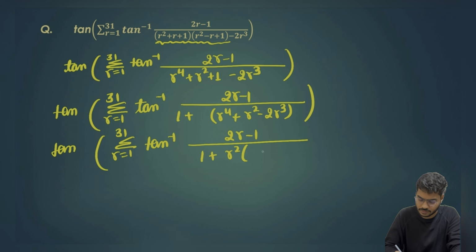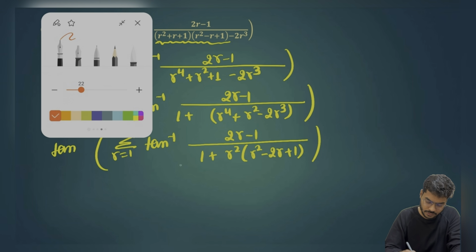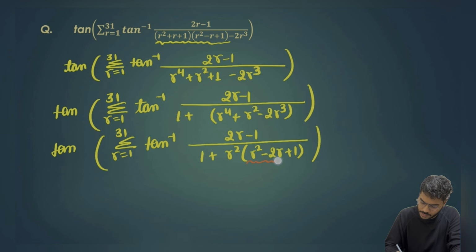What is left? r square minus 2r plus 1 is left, right? If you notice, if I say these are two terms where this is a, this is b, don't you think it is written as a difference, a minus b? So what can we do?